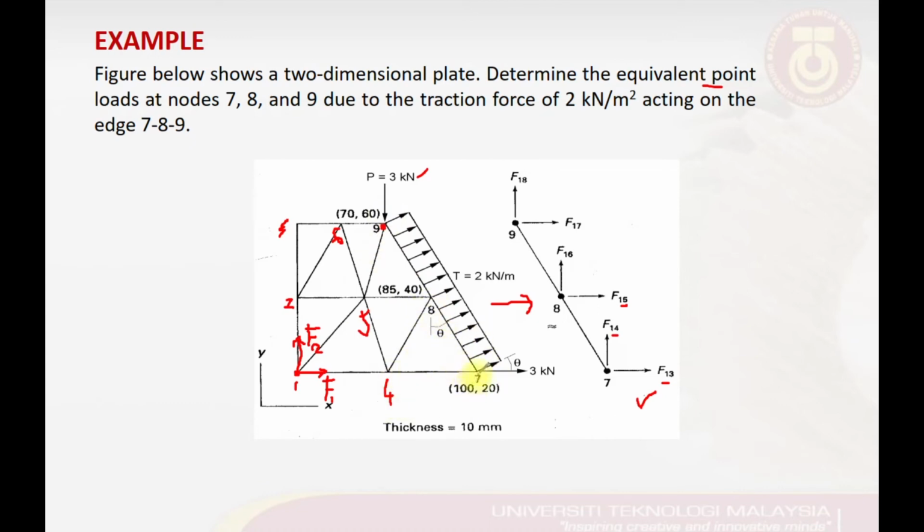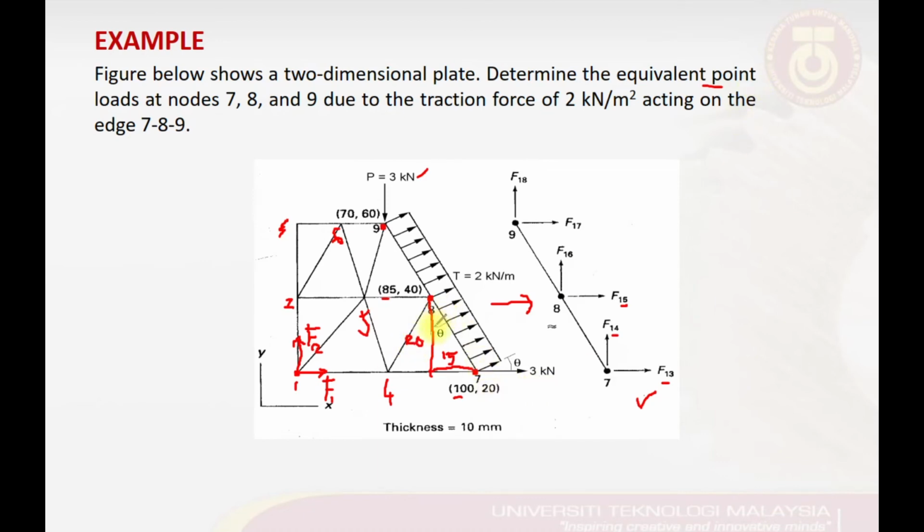As we can see here, the vertical distance from point number 8 to point number 9 is equal to 20 millimeters, and the horizontal distance is 100 minus 85, so we have 15 millimeters.